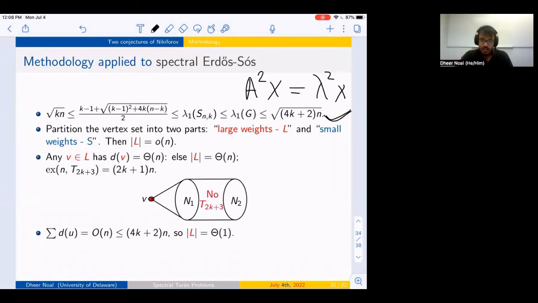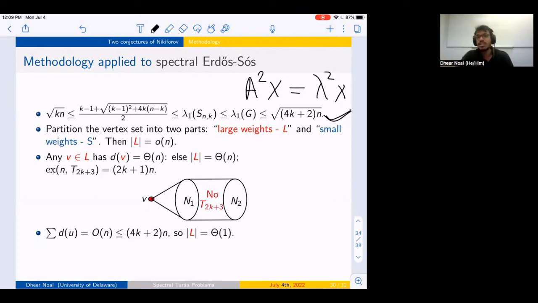So the idea is basically that you can't have too many edges between the first neighborhood and the second neighborhood of any vertex, because otherwise you end up having a tree. And so this ends up giving us that there are small o of n many vertices of large weight.